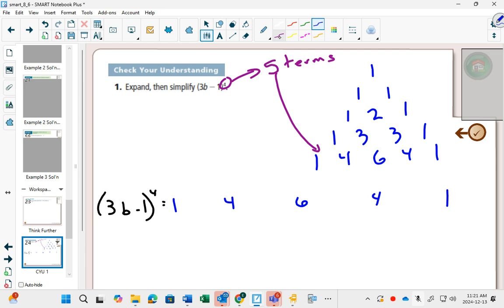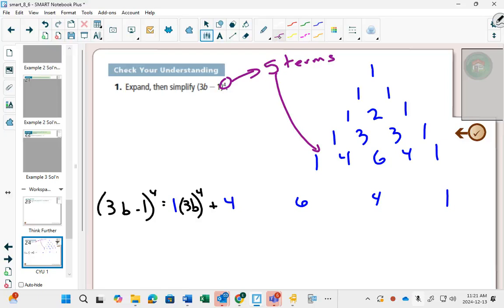So I can space out my coefficients already. What was the pattern with the terms? The very first one, can you see that the very first one would have 3b times 3b times 3b times 3b, so that'll be 3b to the 4. And it would have none of the minus 1s.